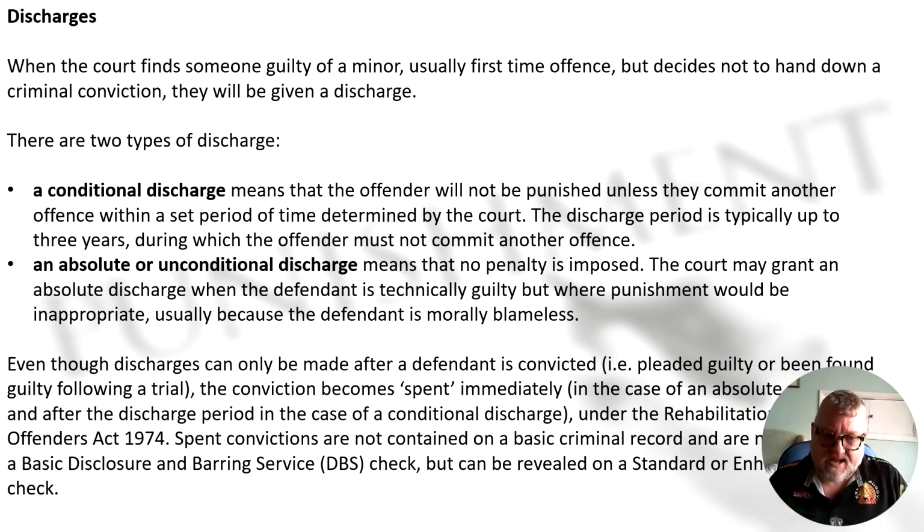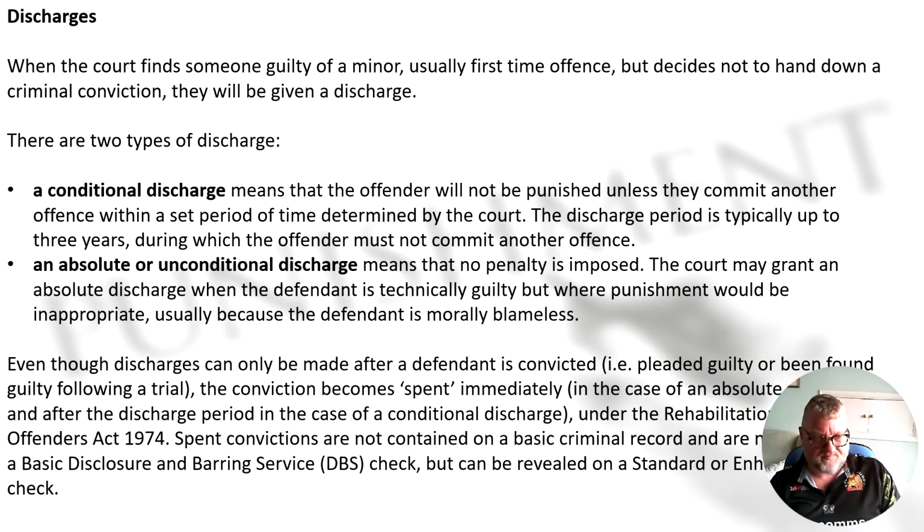Now, spent convictions are not contained on a basic criminal record. So effectively, if you have an absolute or unconditional discharge, because the conviction is spent instantly, it won't appear on a basic criminal record. It'll be on your criminal record for a conditional discharge for the time of that discharge. After that, it's gone.